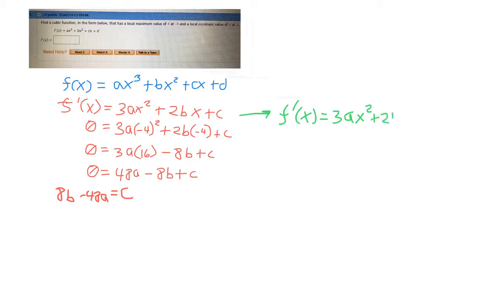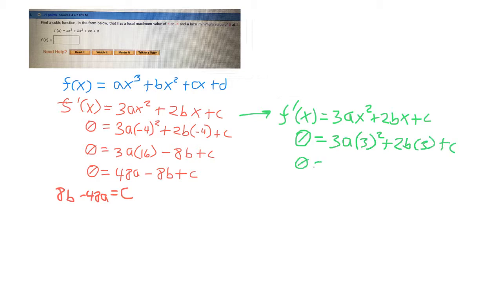Okay, so we have 2bx plus c right here. But now we're going to set this equal to 0. And we're going to ask ourselves, what other x value would cause the slope to be 0? Well, apparently it's 3. So we're going to plug in a 3 for x and find out what c equals.